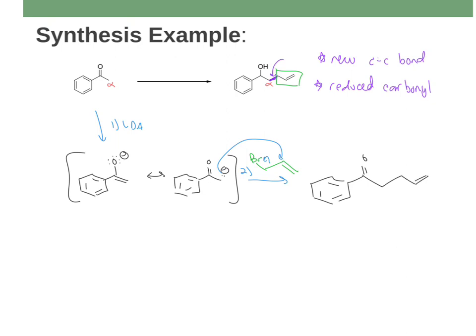All right, so actually let me erase it. I'll make it green just so we can see it extra well. Where the purple is that new bond that I was talking about, and the green is that new 3 carbons that I added at the alpha spot.